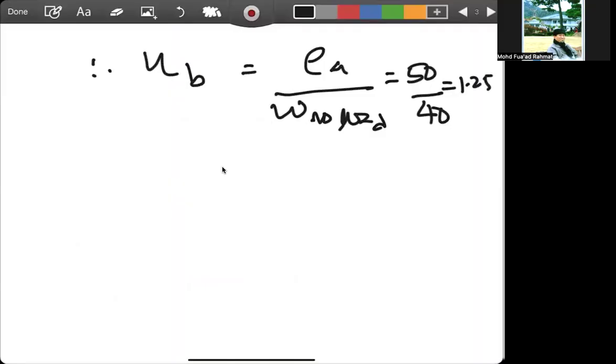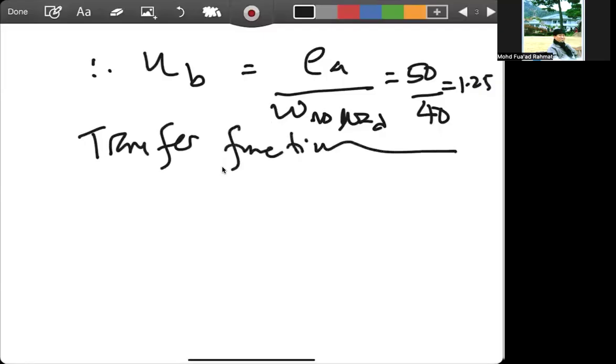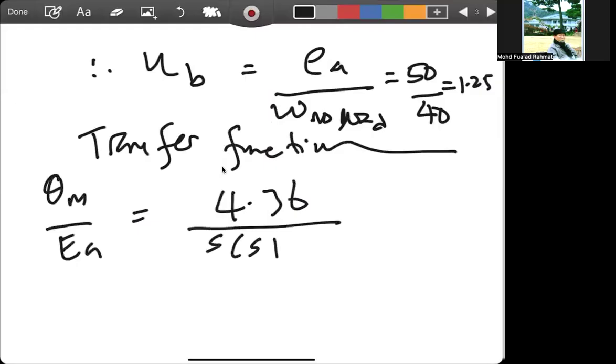Then after you get all these parameter values, the transfer function will be theta m over EA. So you insert all the values there. So you will get 4.36 S plus 7.45.